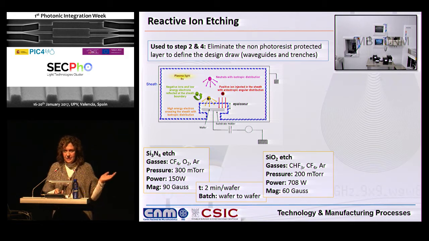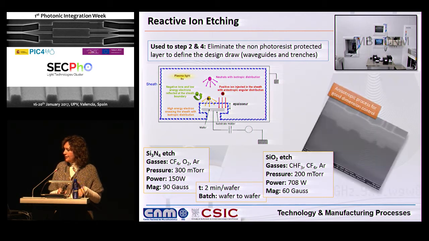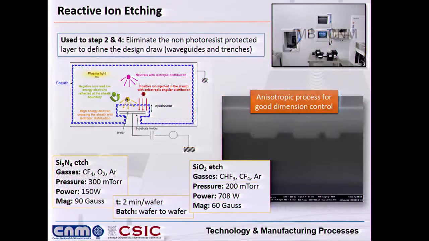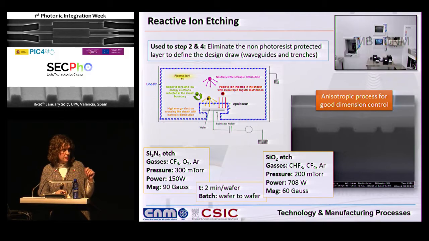On the slide you can see the two different processes for the two different etchings, and one characteristic is that this process is very anisotropic, and it's very nice to have a good control of dimension. So you can see in this FIB cross-section how we can get very, very well-defined waveguides.